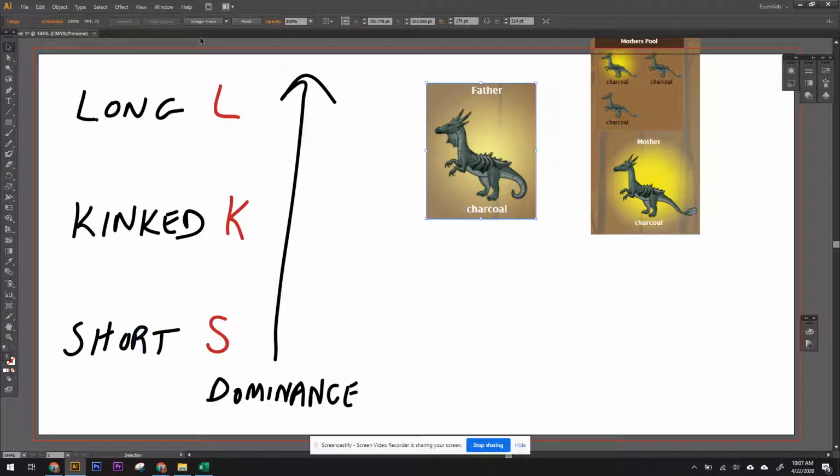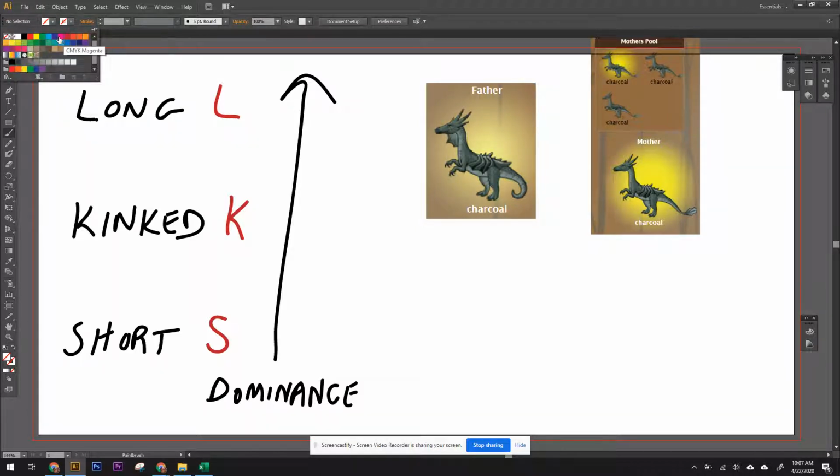So in the last video, we talked about the order of dominance, long being most dominant, kinked being intermediate, and short being the most recessive. So that actually gives us a big clue here as to what the father's genotype has to be. And I say has to be because there's only one possible genotype for dad.